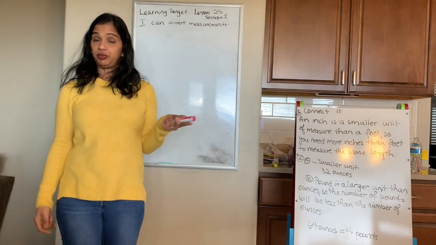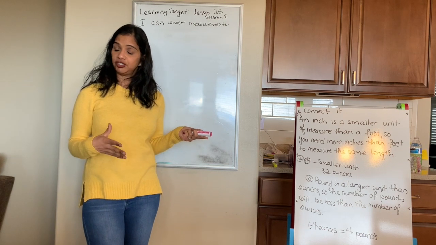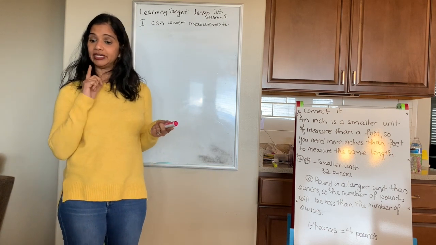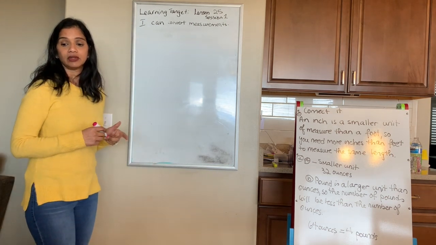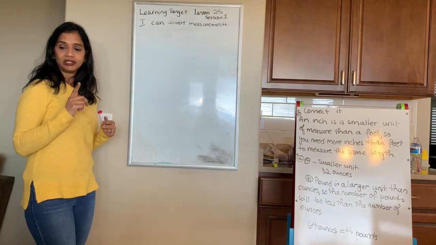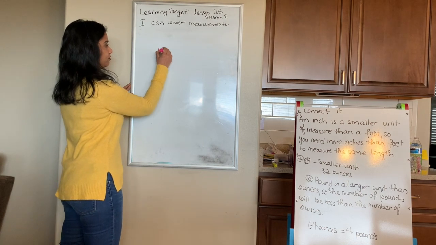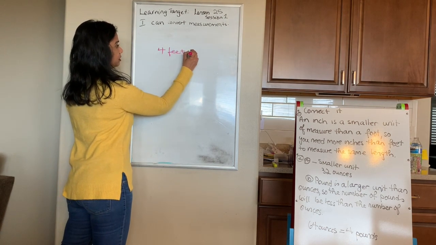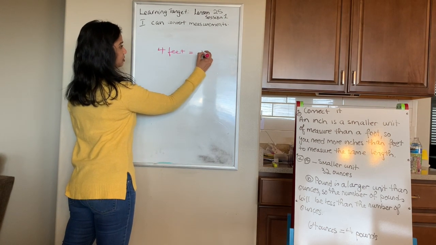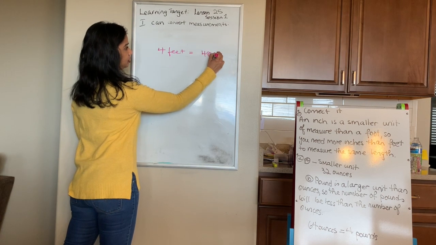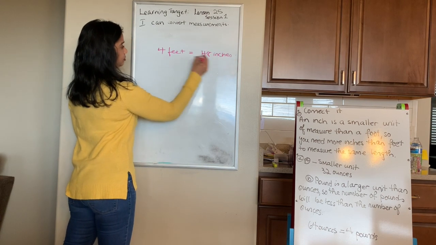Look at the problem on the previous page. Is the number of inches in feet greater than or less than the number of feet? So let's listen to this one more time. The number of inches, so it was 4 feet and it gave us 48 inches, right?